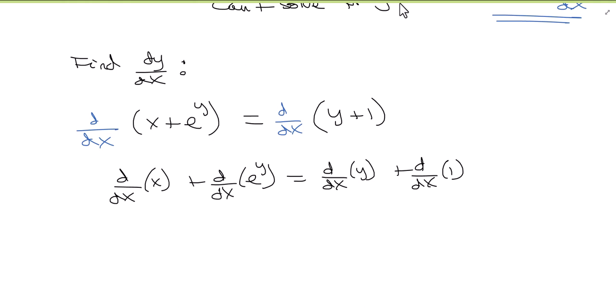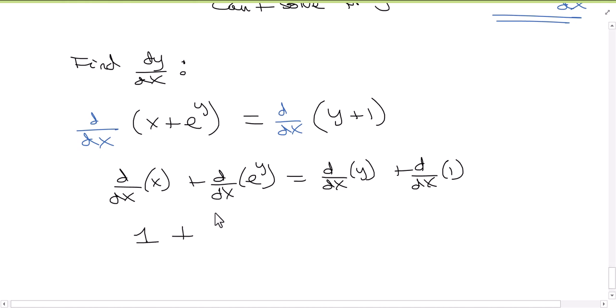So the derivative of x with respect to x, dx over dx, that's just 1, plus the derivative of e to the y. Now, again, think of this as e to the f of x. And so know that then here you need chain rule. Chain rule, anytime you're taking the derivative with respect to the variable x of anything with the y, you're going to need a chain rule.